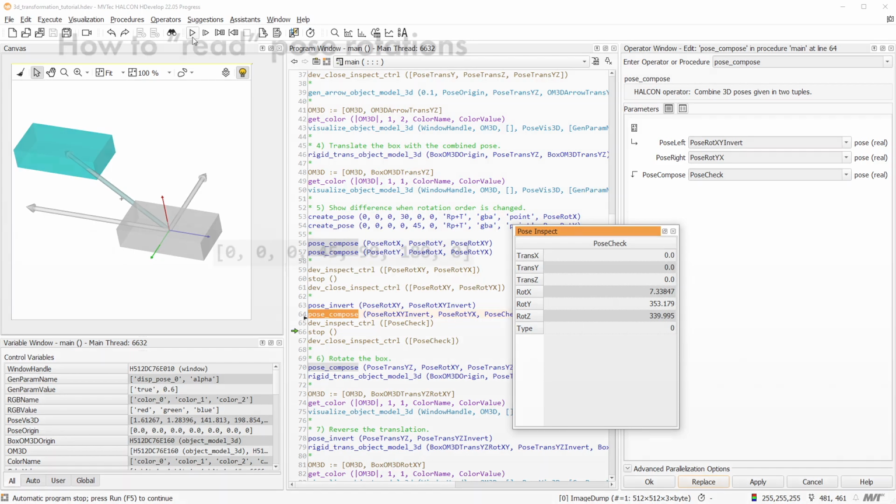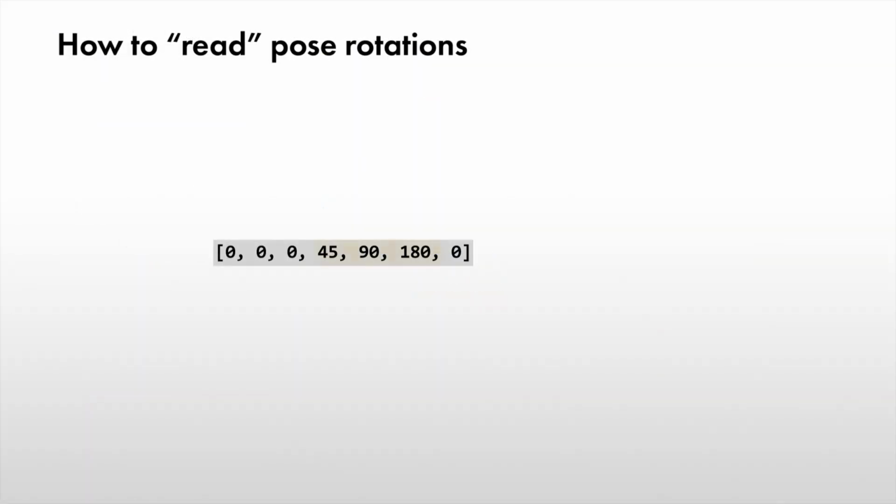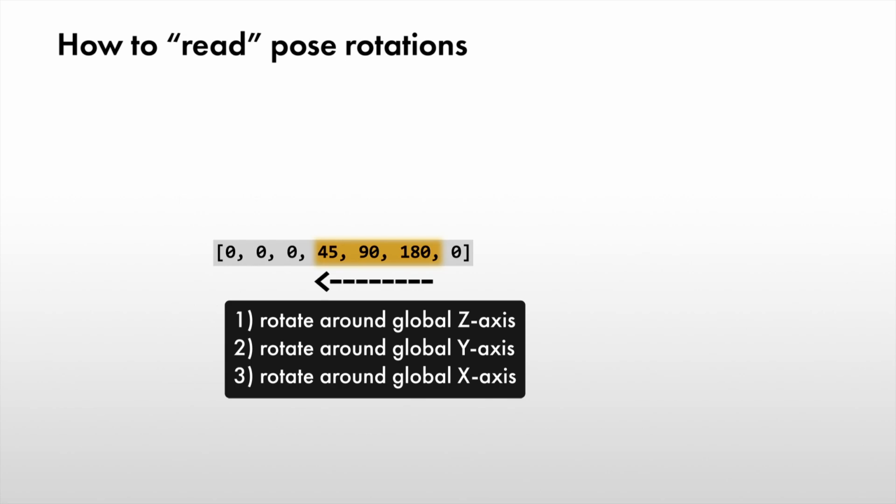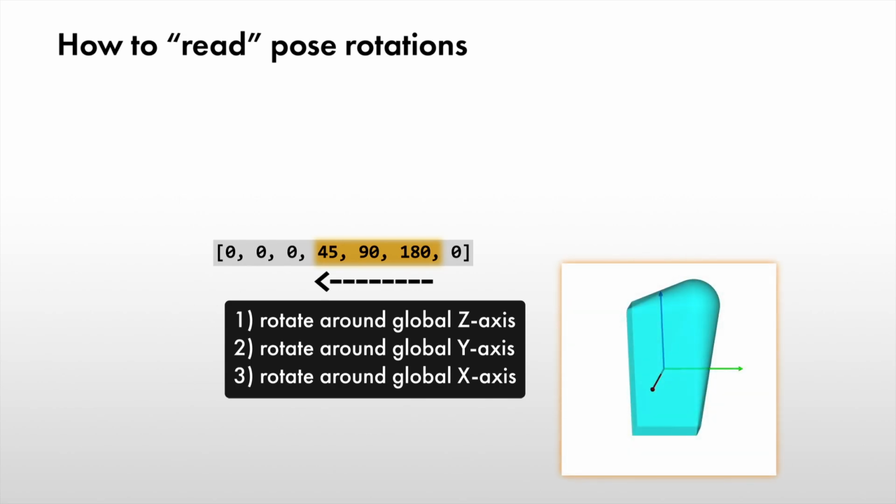If you want to reproduce a series of rotations around multiple axes, you can read pose rotations in 2 ways. If you read from right to left, the rotations are performed in the global coordinate system. Have a look at this animation. We first rotate around the global z-axis, then the global y-axis, and finally around the global x-axis.